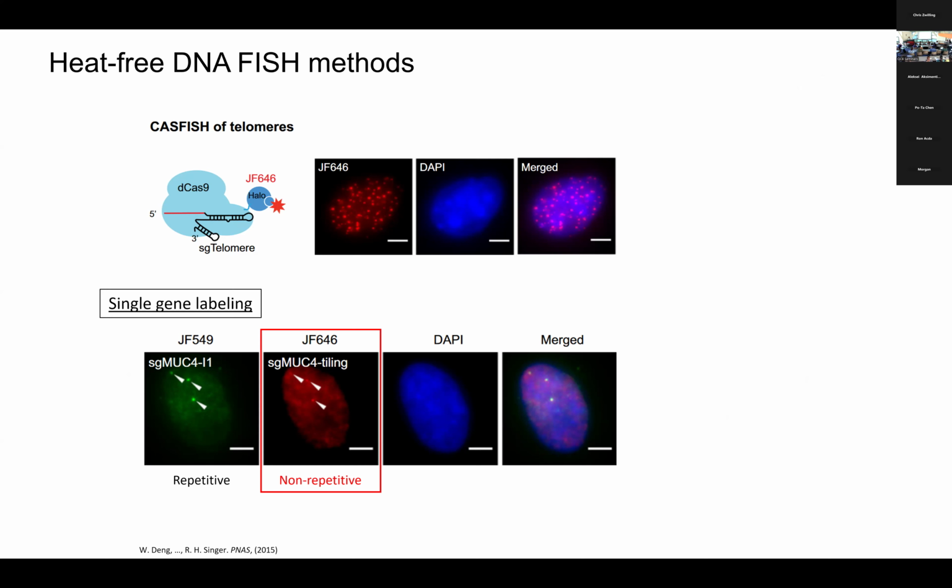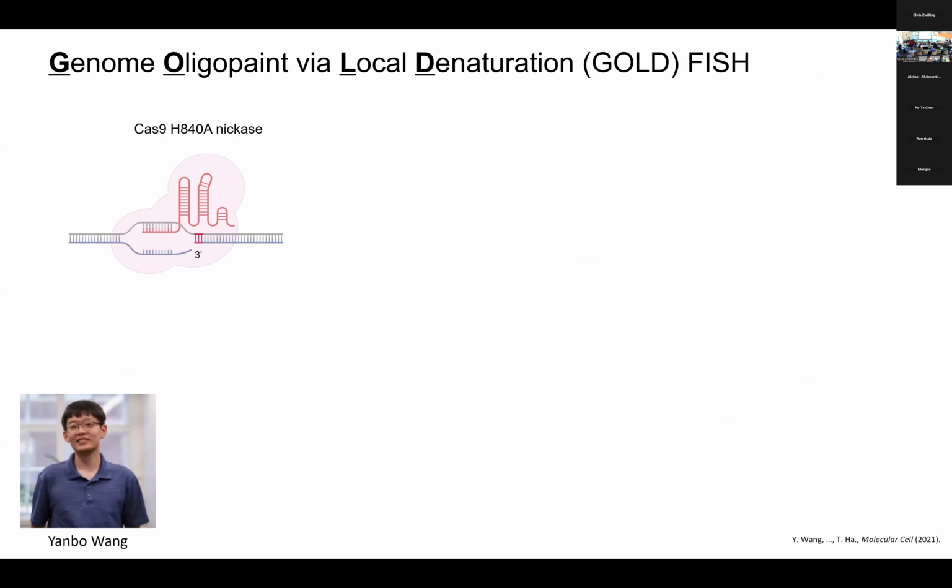Right. dCas9 is known to have much more off-target events compared to the wild-type one, the ones that actually cut. Oh, I see. Cleavage has a higher specificity. Okay, I didn't know that. Good. So the background is actually higher in the CAS-FISH.